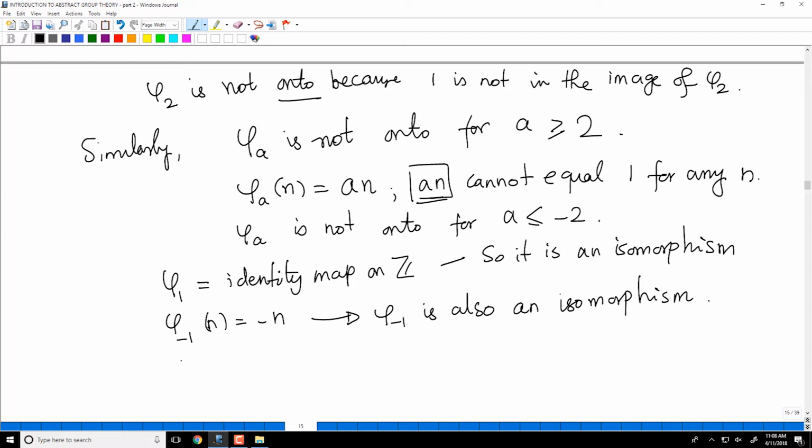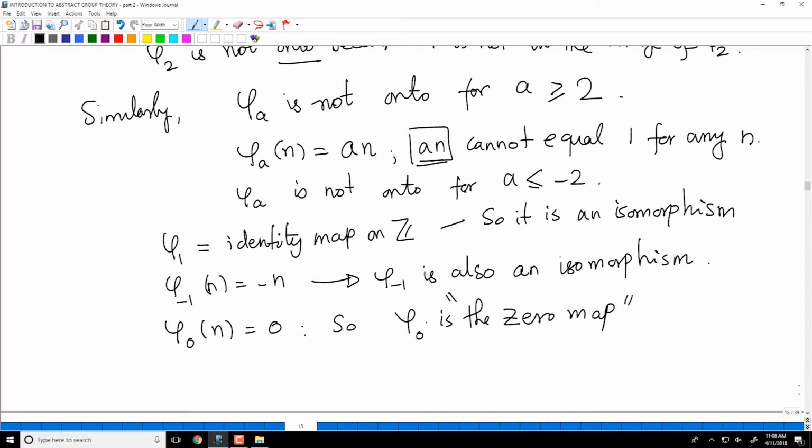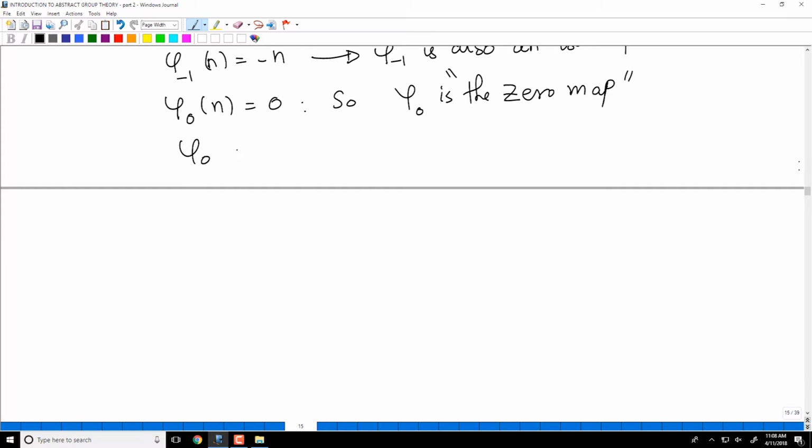What about phi 0? So we have addressed all integers greater than or equal to 2, less than or equal to -2, and 1 and -1. What about phi 0? Phi 0 of n is just 0. So phi 0 is the 0 map, which is to say phi 0 sends every integer to 0.